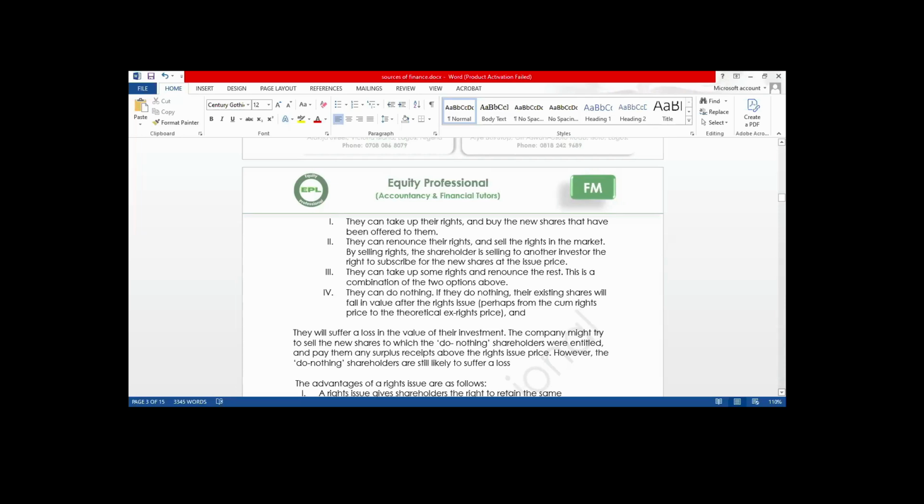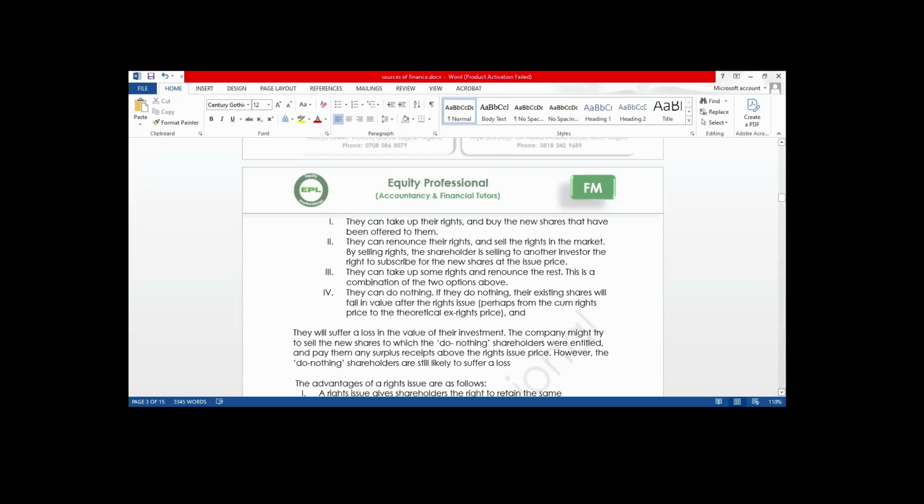Option 2, the shareholders can renounce the rights and sell the rights to the market.